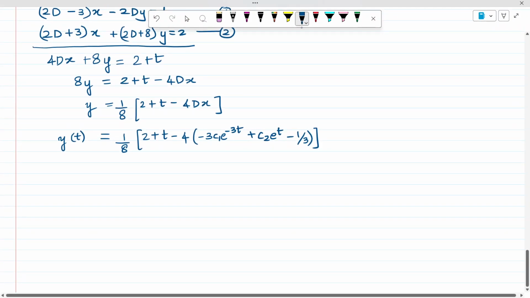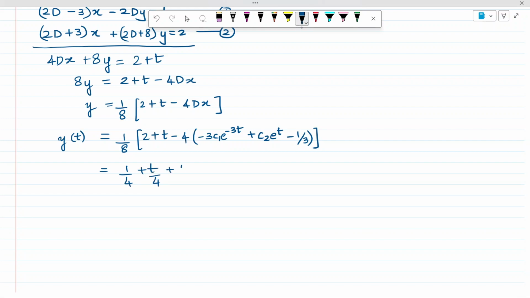So let's just open the brackets and simplify this. This is going to be 1 over 4, t over 4, plus 12 c1 e raised to negative 3t, negative 4 c2 e raised to t, and plus 4 over 3. Let's put the terms together.